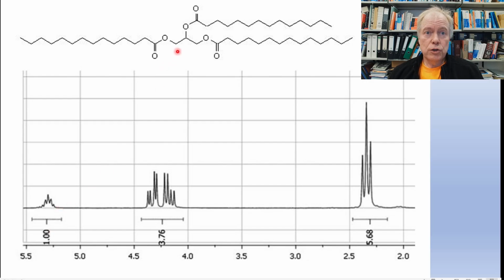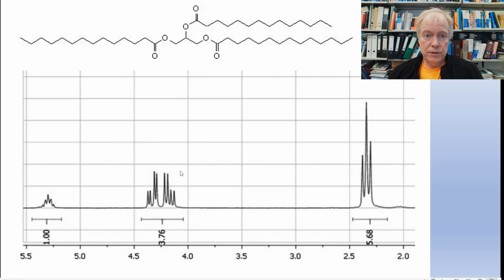But it could be, and this is the case here, that the CH2 groups are not identical. Well, this CH2 group is identical to the other one, but the 2 hydrogens within that methylene group are not chemically equivalent. And we can notice that with this fascinating signal.